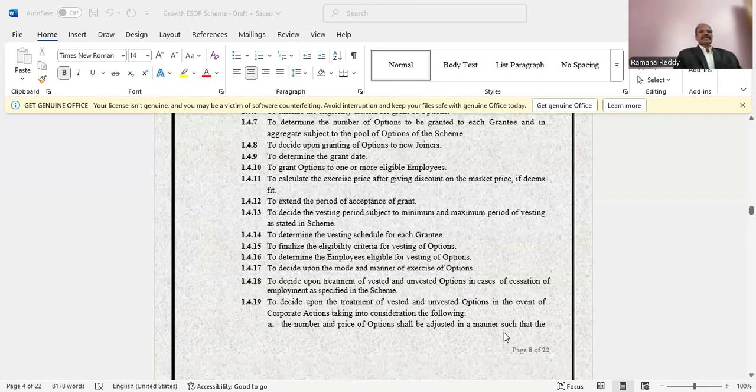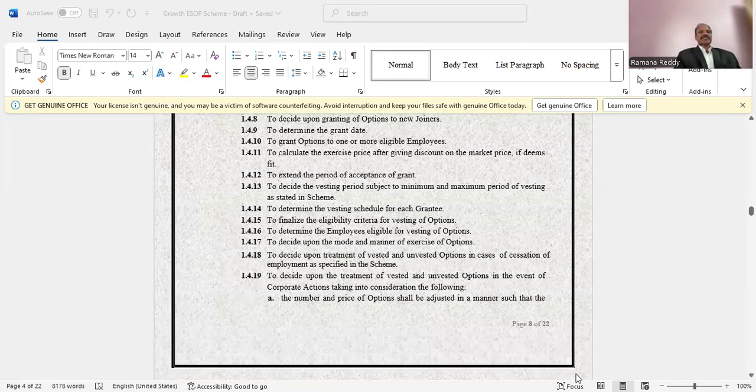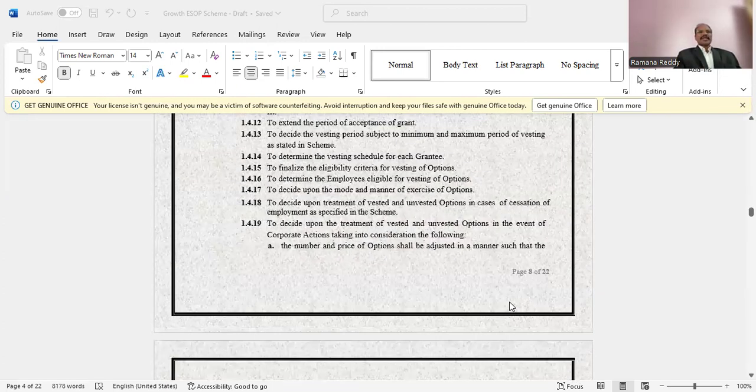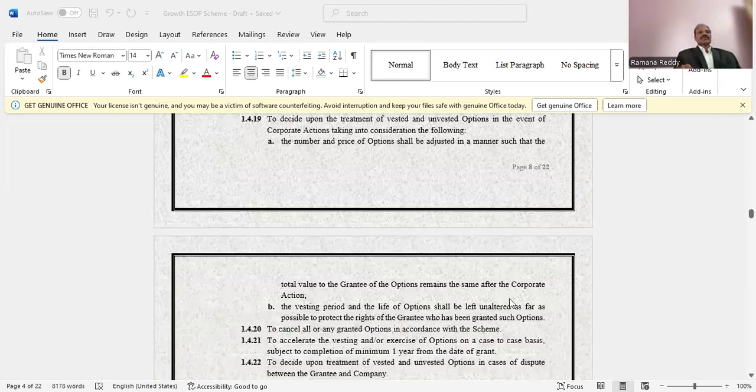And to decide upon the treatment of vested and unvested options in the event of corporate actions. Suppose there is a bonus issue or a rights issue. Then what about the unvested or vested options? That will be decided by the NRC, taking into consideration the following points: the number and price of options will be adjusted in a manner such that the total value to the grantee of the options remains the same after the corporate action.